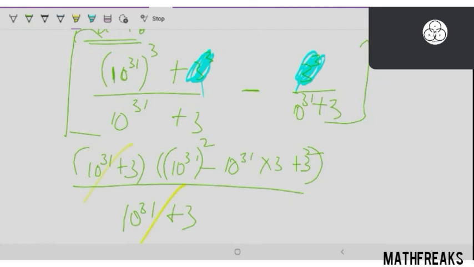So these terms are cancelled out. This part belongs to integer, and the property that we have learned of n plus x is valid here for this case.